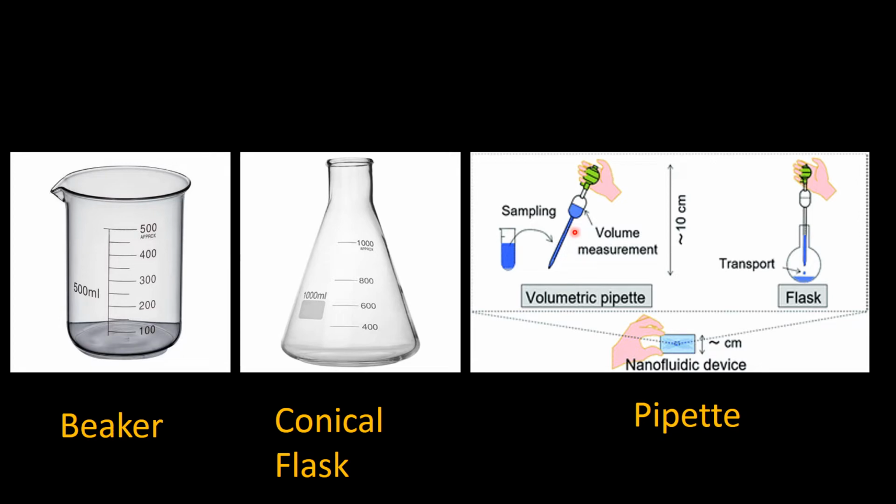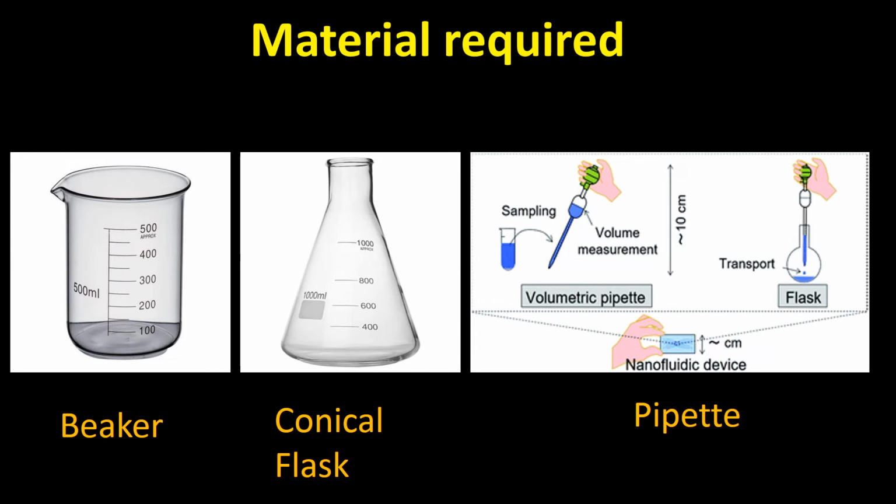We will suck the acid or the base into the pipette by means of a sucker, so that we take the amount properly in a measured way and transfer it to the other test tube. So this is the apparatus to transfer the solution from one test tube to another.